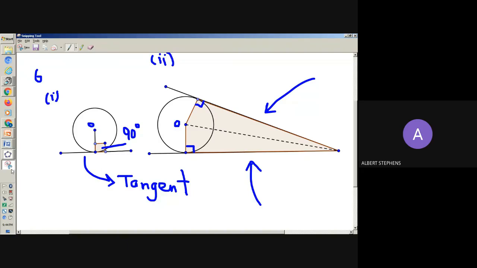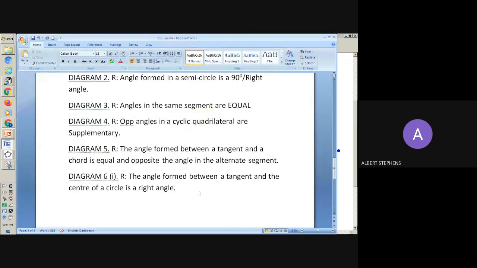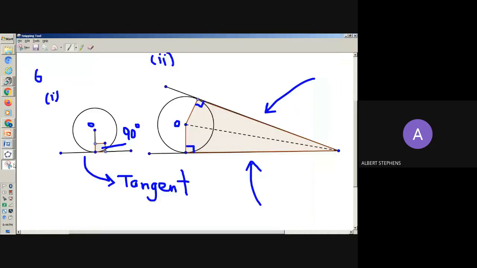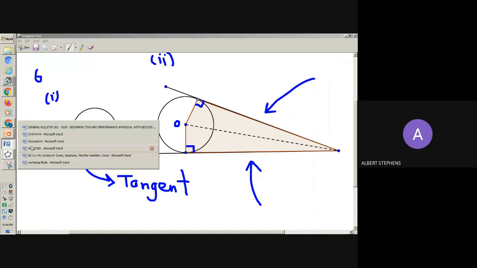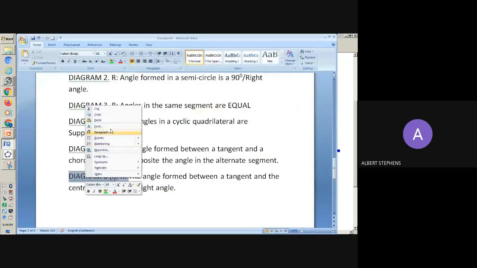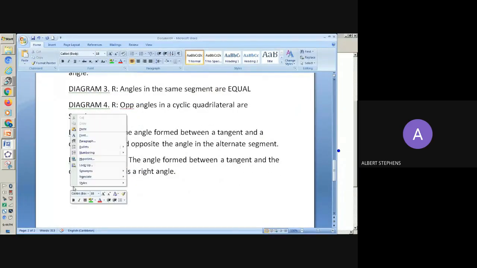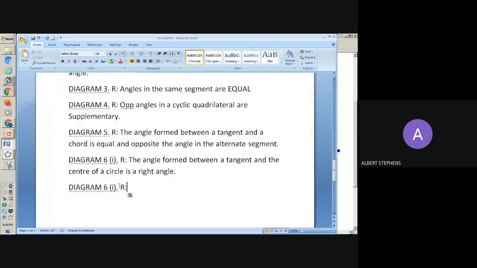This is diagram 6 part 2. This thing is so complicated. Diagram 6 part 2 has two reasons.